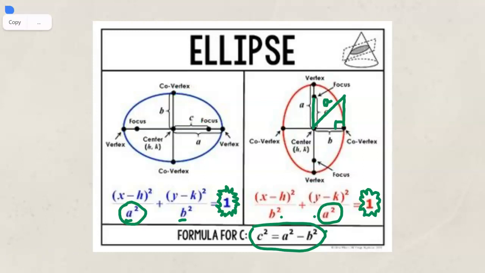I'm going to draw this, and I have A is going to be the hypotenuse of that triangle.